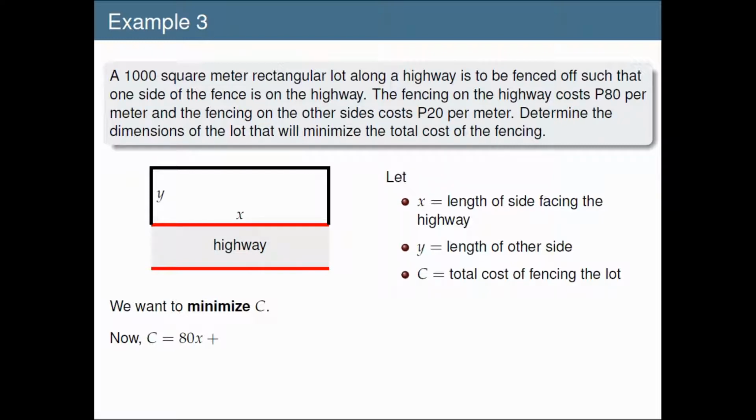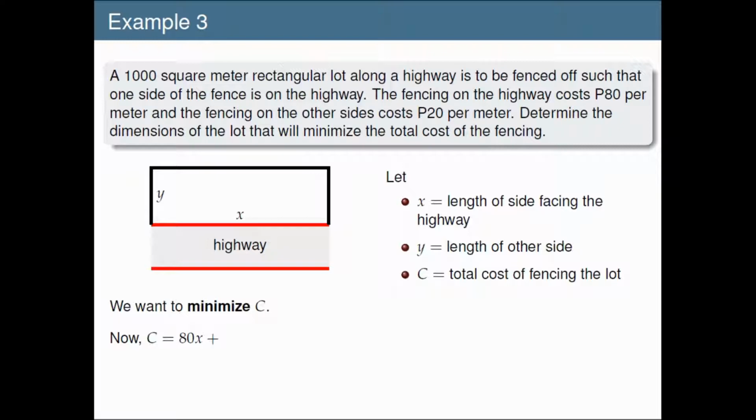We now consider the other sides. So yung sa likod, the cost of fencing is 20 pesos per meter. And since yung nasa likod, x meters yung fencing, the cost will be 20 times x.